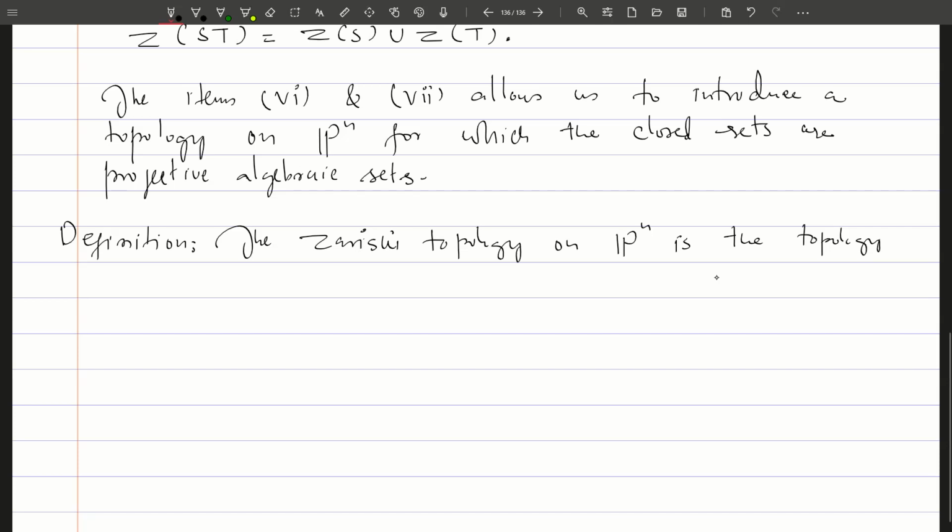whose closed sets are projective algebraic sets.